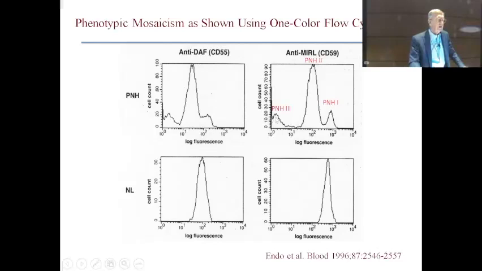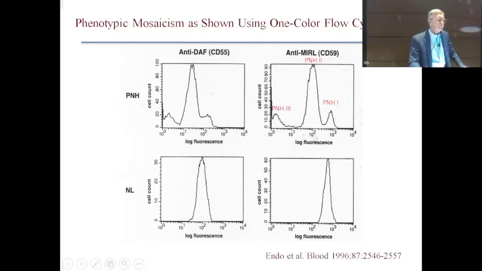Let's look at the left side first. The PNH3 cells are the ones that are totally deficient in GPI anchor proteins. And the PNH2 cells are, in this particular patient, where the dominant clone was PNH2 cells. Now you'll notice that this is a log scale.